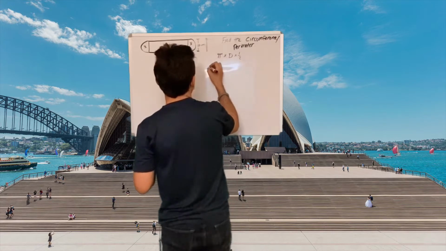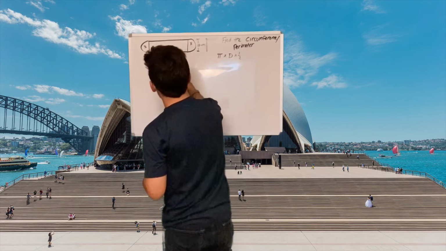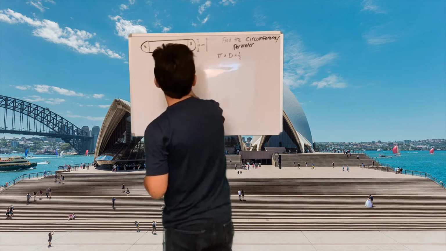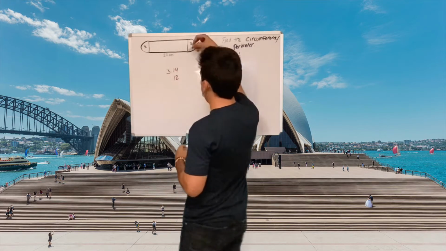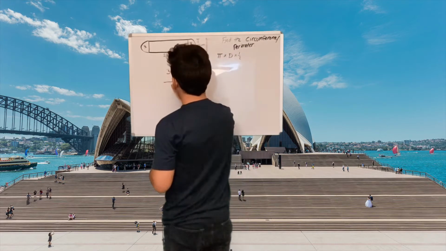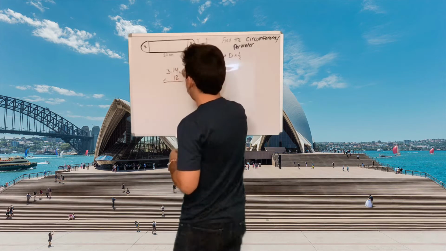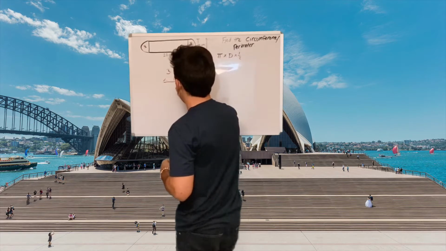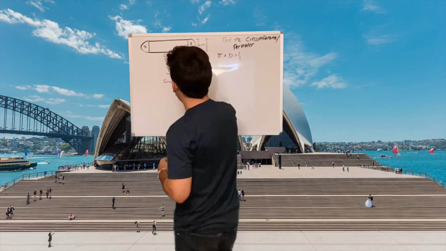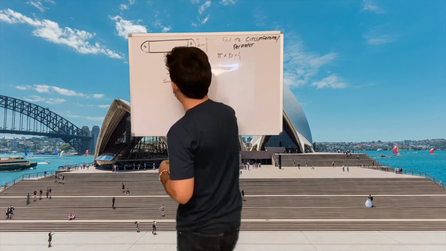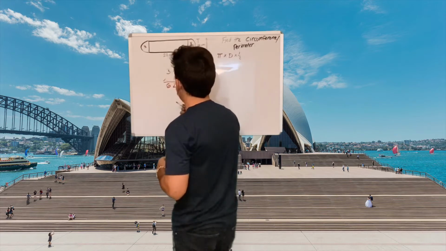So I take pi, 3.14, times my diameter, which is 12, and I'm going to multiply. 4 times 2 is, good, 8. 2 times 1 is 2, very good. 2 times 3, 6, awesome.